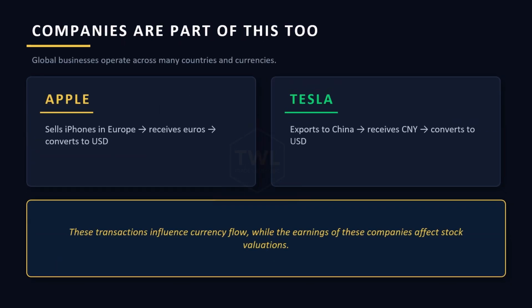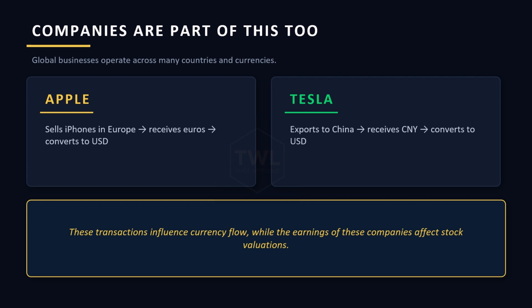It's not just countries. Companies do this too, and you've definitely heard of these ones. Apple sells iPhones in Europe. They receive euros for those sales and then convert that money back into US dollars because that's the currency Apple actually operates in. Tesla exports cars to China. They get paid in Chinese yuan and again convert it back to dollars. Here's the simple way to think about it.